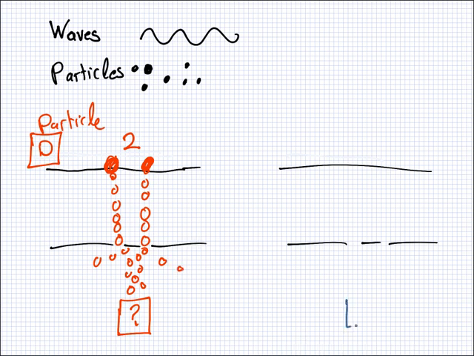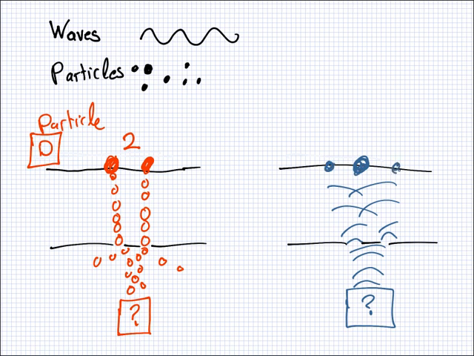Now, if you have something here that's actually a wave, some will go here, some will go here. But you remember from our lesson that what you get is something here, and then here and here, and then here and here. You don't get two dots, you get more than two.